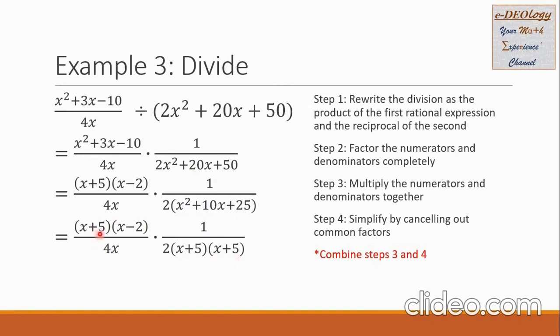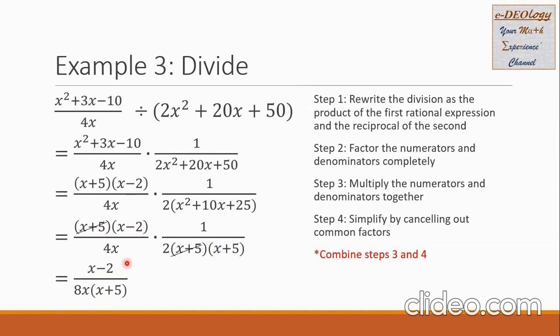The x plus 5, I will now cancel this with another x plus 5 here. And there are no other common factors that we can cancel. Let us now collect the remaining factors. In the numerator, the x minus 2 times 1, we will have x minus 2.